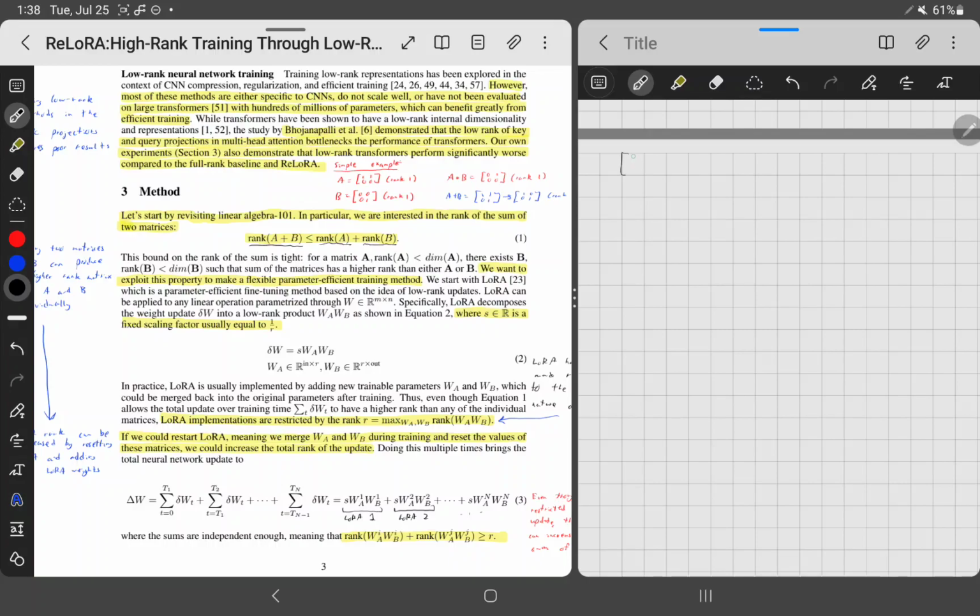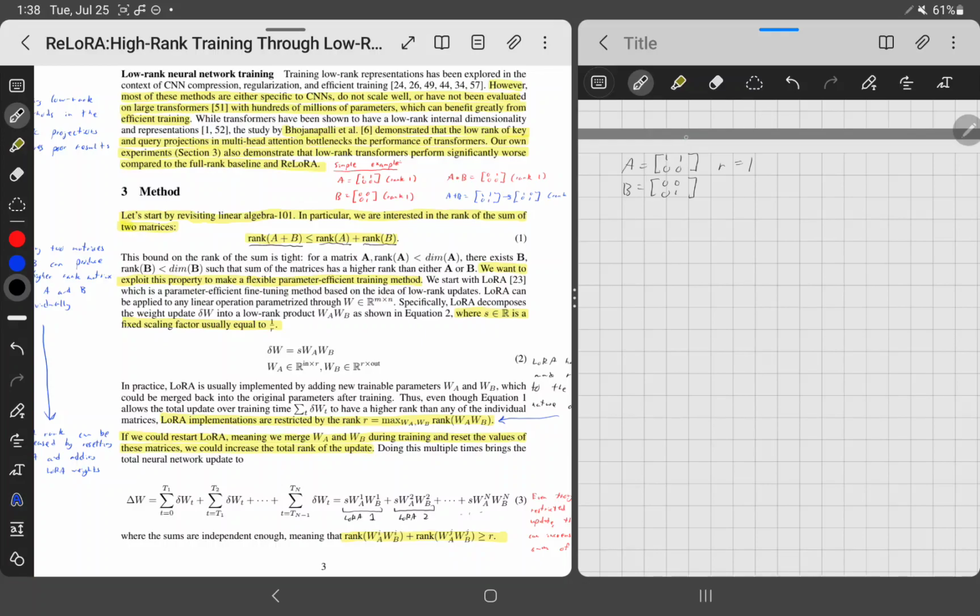If I have matrix A equal to [1, 1; 0, 0] and a matrix B equal to [0, 0; 0, 1], this rank is equal to 1 because you only have one linearly independent vector in here.